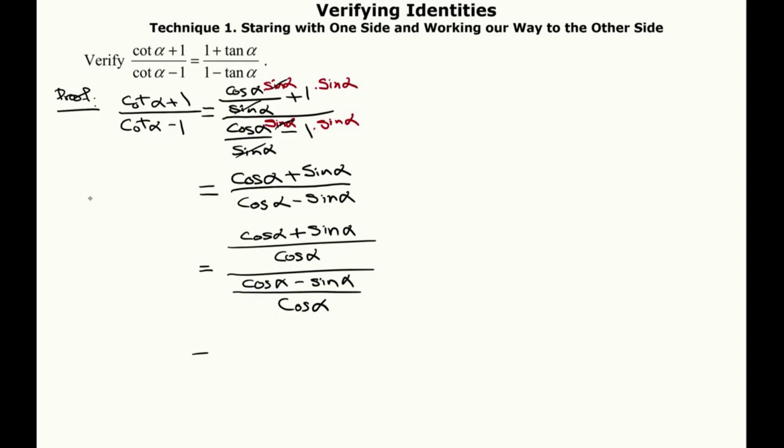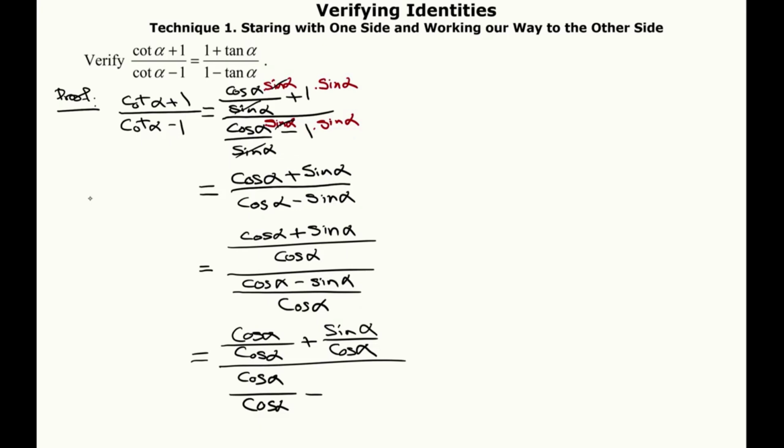Of course we can split those up, so we end up with cosine alpha over cosine alpha plus sine alpha over cosine alpha for the top, and downstairs we have cosine alpha over cosine alpha minus sine alpha over cosine alpha.